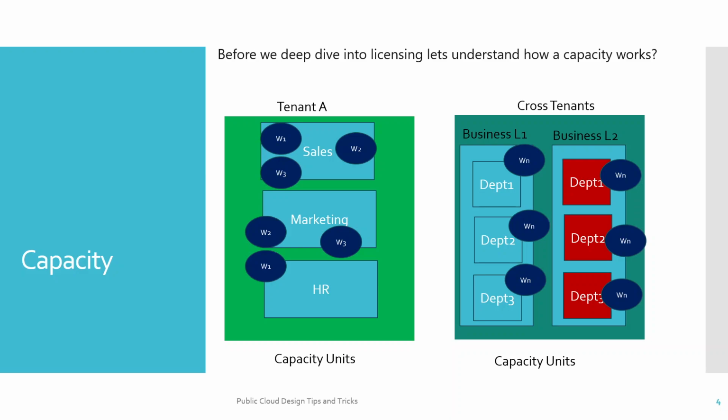There are two business lines, L1 and L2, and they have different tenants per business line. You can think of each business line as a small entity within an organization, operating under a tenant, and each tenant has its own departments, one, two, three, and each business line or entity has workspaces within the department.